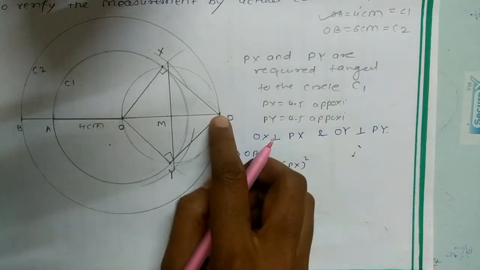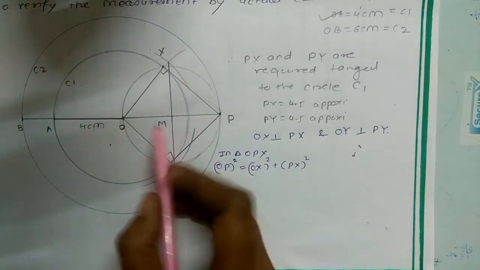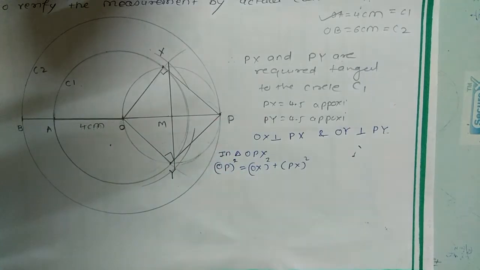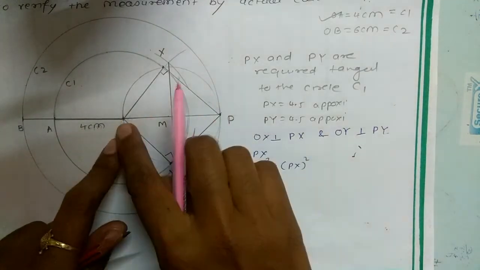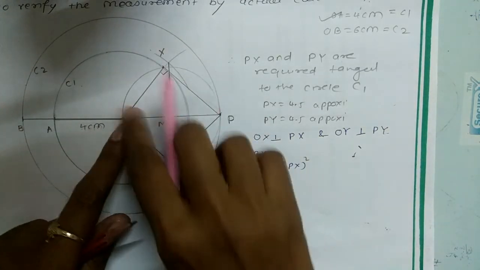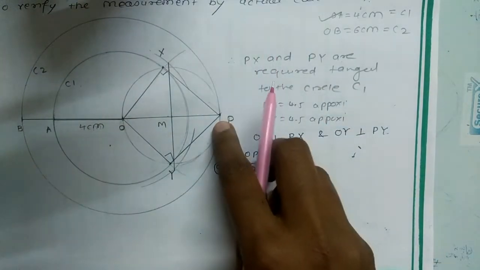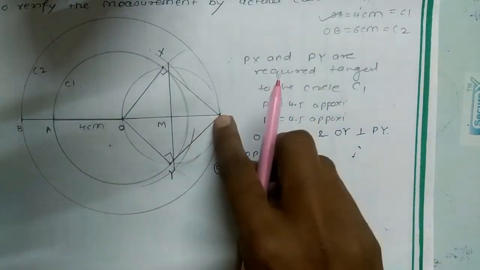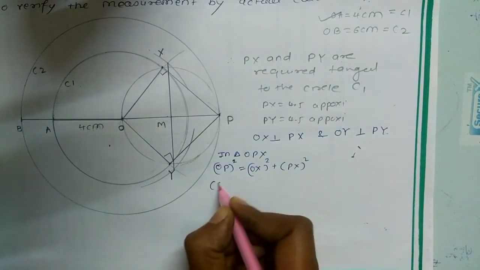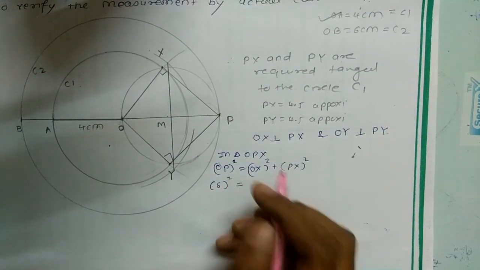We have to find OP, and OP is nothing but the radius, isn't it? Because till here it is 4 cm and P is a point lying on the second circle, that is C2. So this is 6 cm.